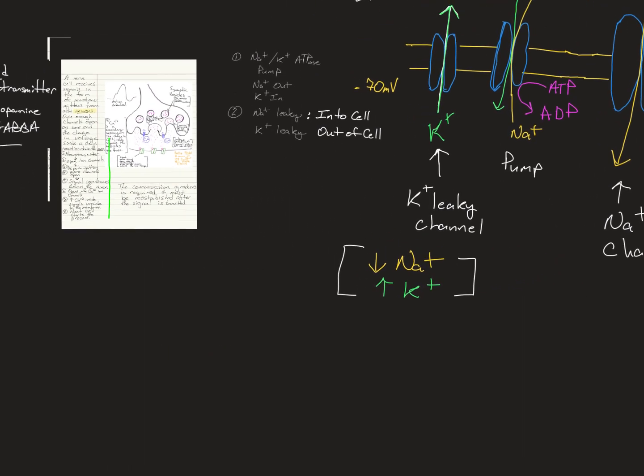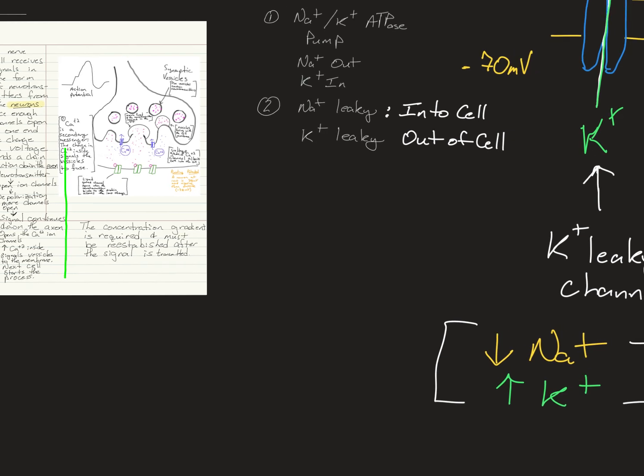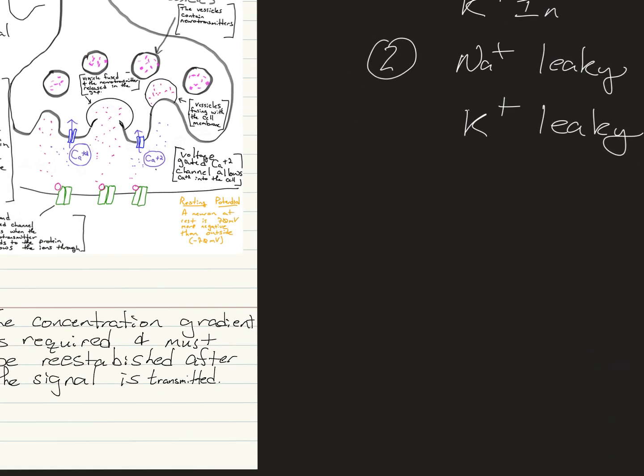That depolarization changes the voltage. Right? You don't have as big a difference. It's not as close to negative 70 as it used to be. So because of that, these channels, another set of channels that react to the voltage, open. And when that happens, calcium in this case rushes in.